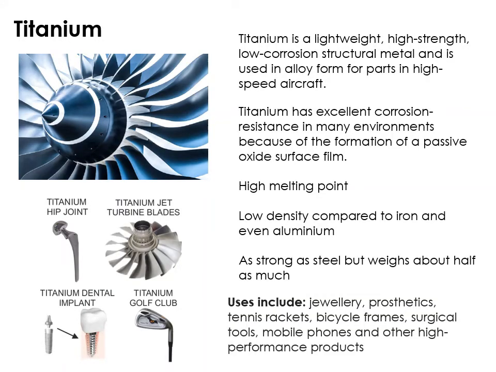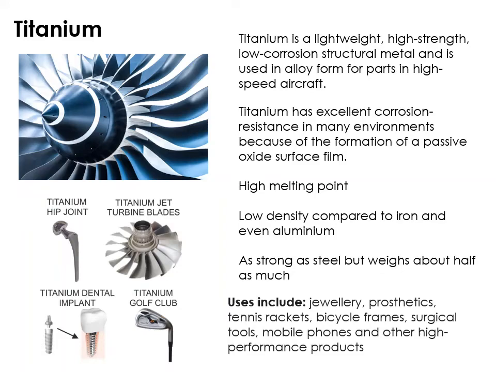So it has a high melting point, which obviously makes it useful for things like jet engines. And it's as strong as steel, but weighs about half as much, which is an amazing property to have. So that's why it's used in all of these applications. So things like it being used in hip joints, obviously it's not going to corrode.